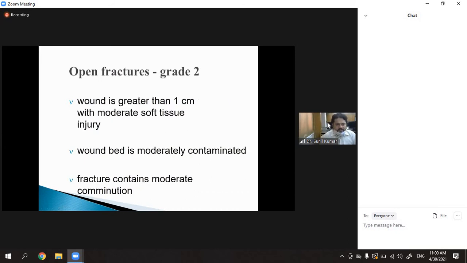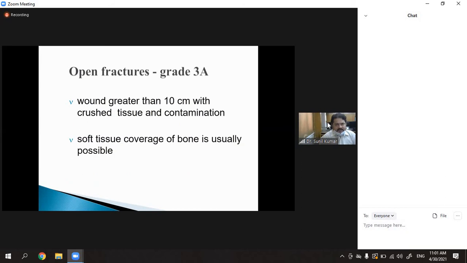In grade 2 open fracture, the wound is more than 1 centimeter with moderate soft tissue injury. The wound bed is moderately contaminated, and the fracture contains moderate comminution. So it will be classified as grade 2 open fracture according to Gustilo and Anderson.